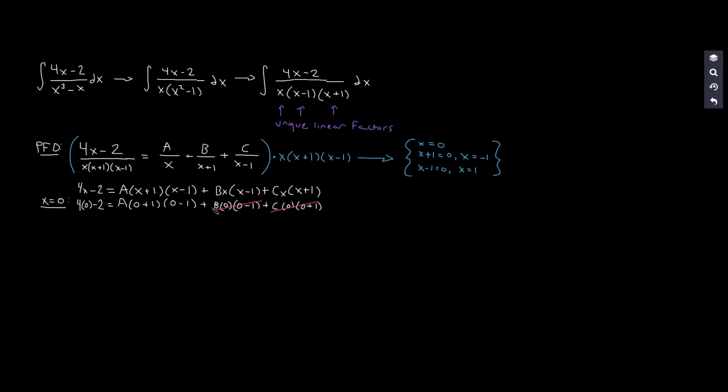So then what we have over here on this side is negative 2 equals negative A. And if you multiply both sides by negative 1, that's going to reveal that A equals 2.